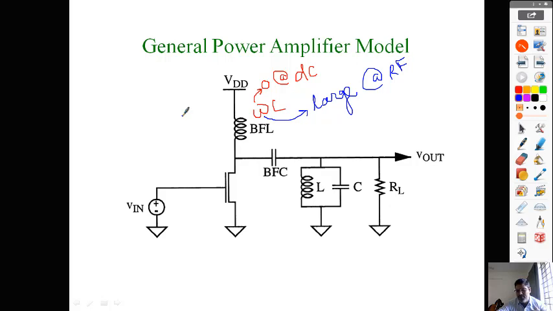Because of that problem, crossover distortion is introduced in class B push-pull amplifiers. Therefore, the output is not exactly a sinusoidal waveform. Instead, some distortion happens whenever the sine wave crosses the reference line or zero line.